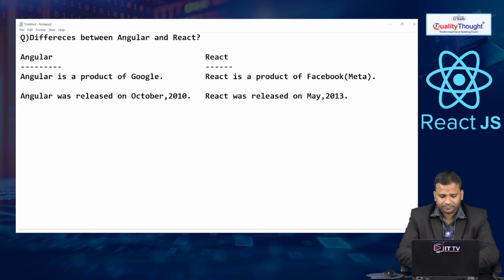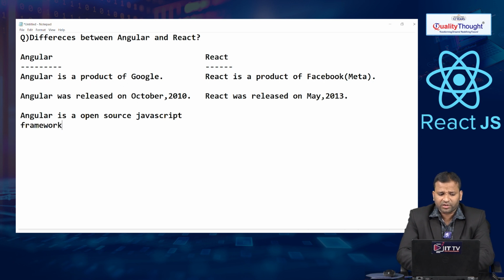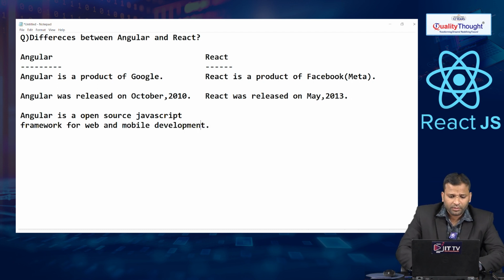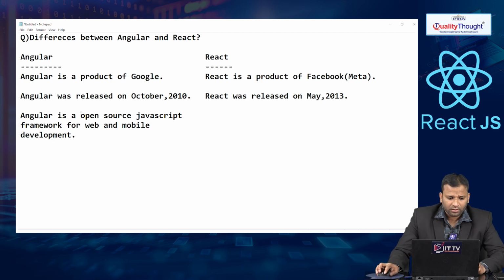Next, Angular is an open source JavaScript framework for web and mobile development. It means whenever you want to create a web application or mobile application, or if you want to do web development or mobile development, then we need to go with Angular.